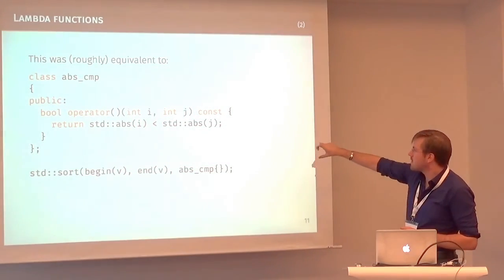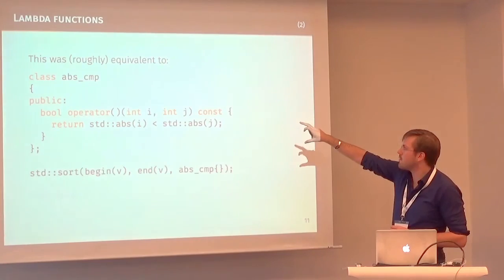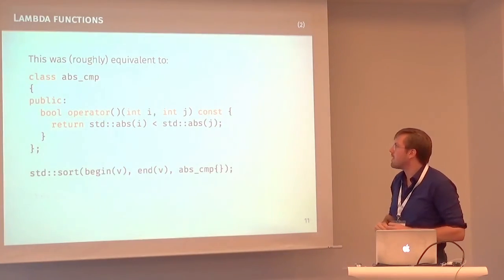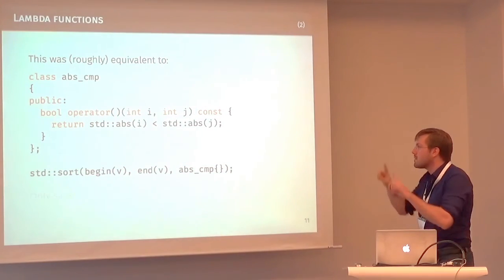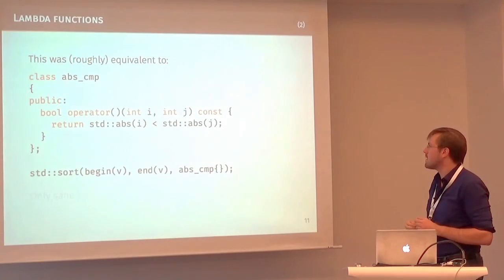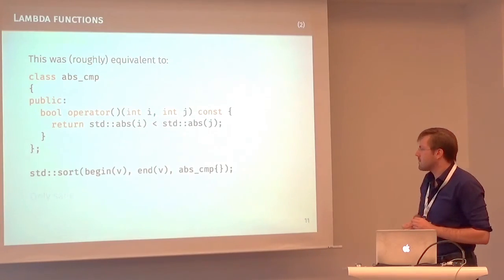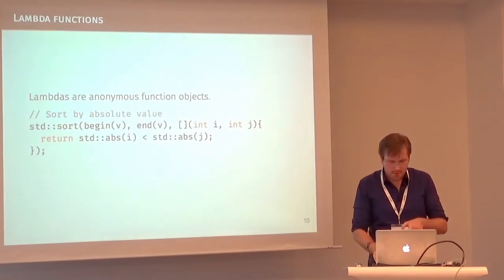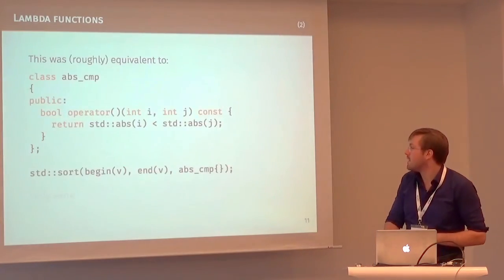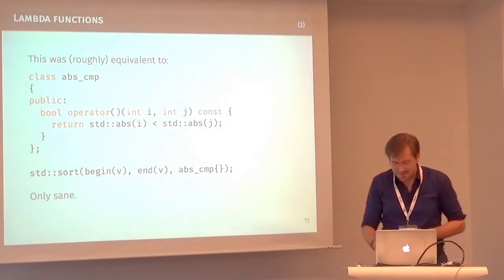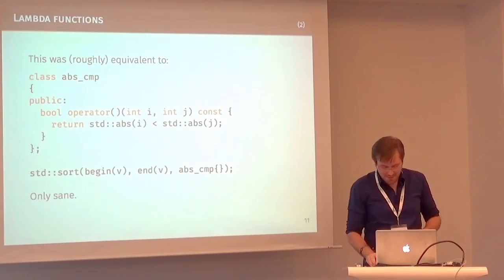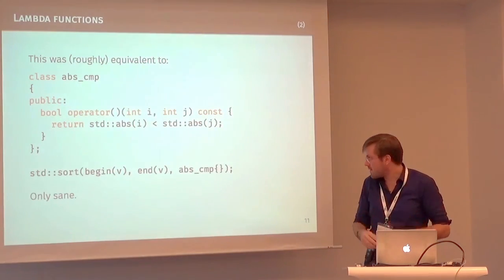The lambda is compiled into an anonymous type that overloads the operator parentheses. Okay? And only this way of writing it is sane compared to this one. So we can write it, okay?